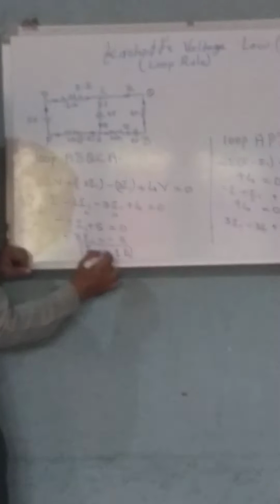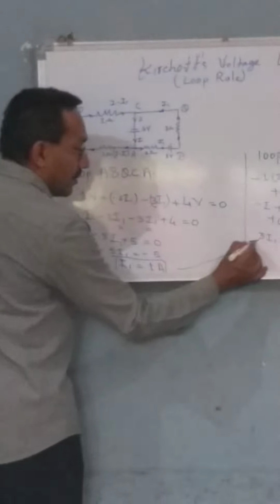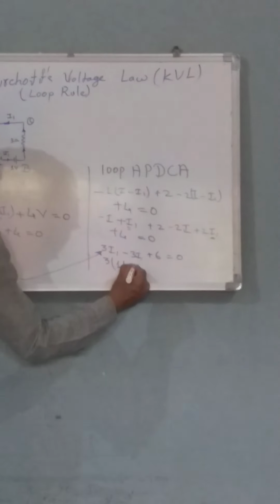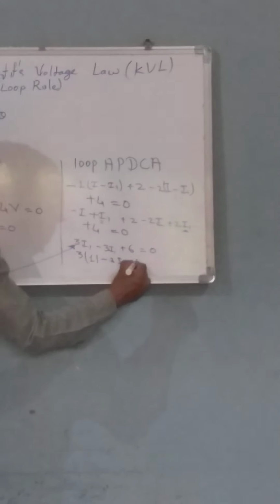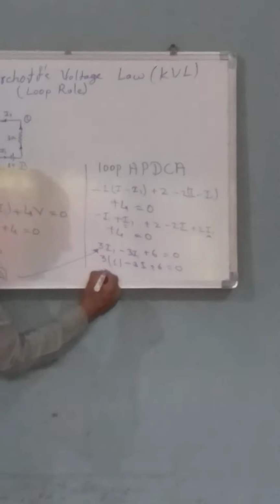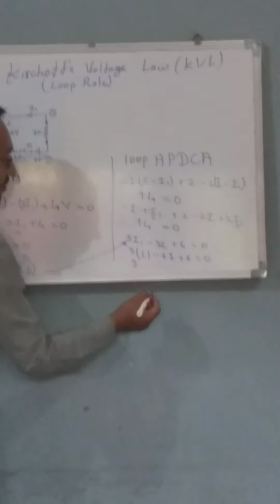Now I will substitute this value of I1, that is 1 ampere, in this equation. Substituting this, we get 3 into 1 minus 3 into I plus 6 is equal to 0. Naturally, 3 plus 6 is 9, so 3 minus 3I plus 6 is equal to 0.